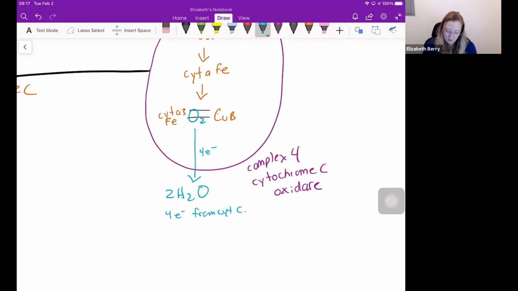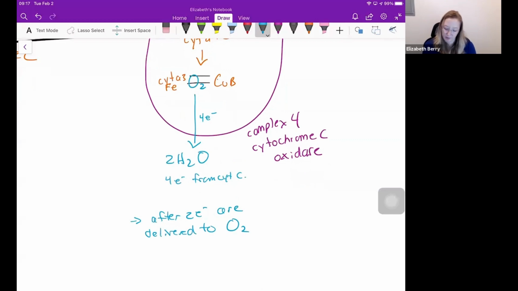So something important is after 2 electrons are delivered to oxygen, we get the generation of something called hydrogen peroxide. And hydrogen peroxide is a reactive species, which if left around for a long period of time, just like the Q radical, can cause cellular damage.